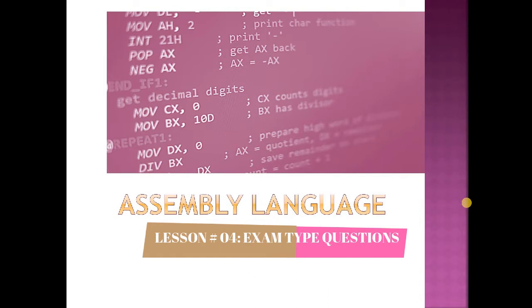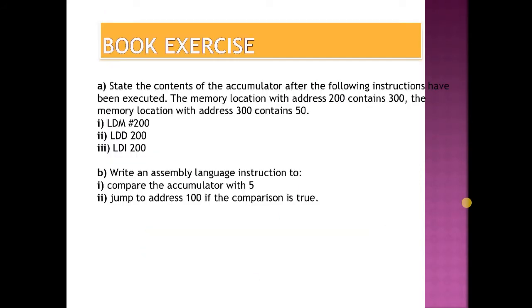So let's start. The first question is, state the contents of the accumulator after the following instructions are executed. The memory address 200 contains the value 300. The location with address 300 contains 50. So this is the memory address and this is data.